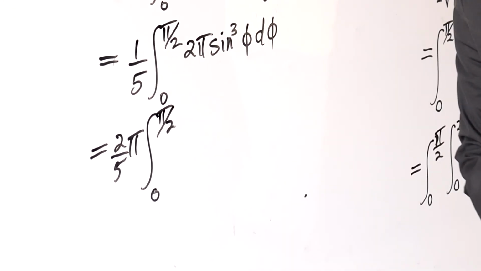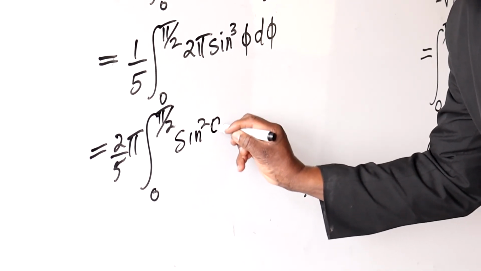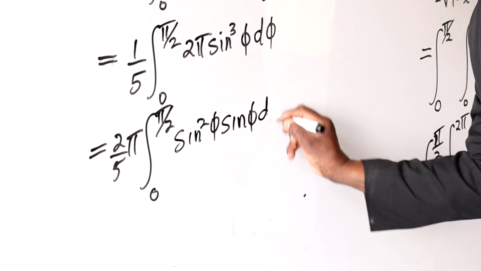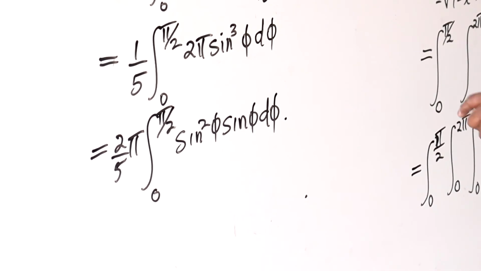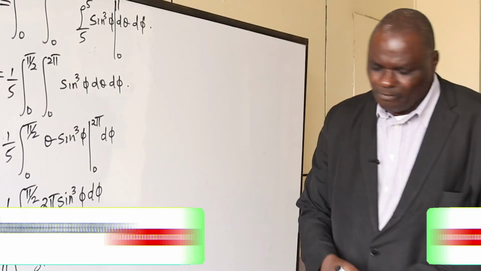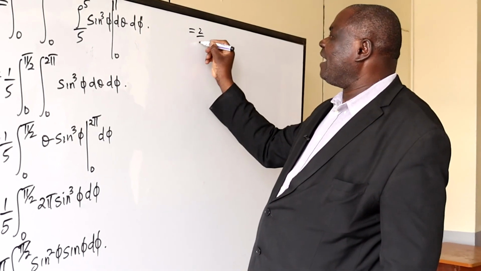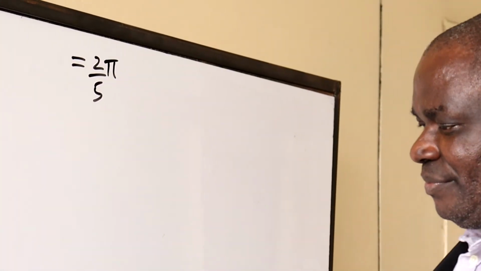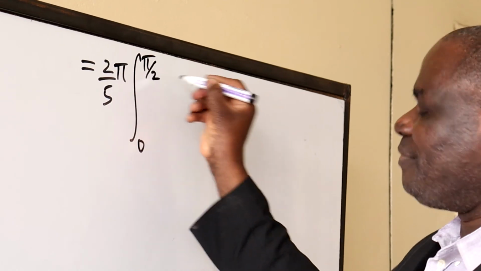Sine cubed can be written as sine squared phi multiplying sine phi d phi. So this will be equal to 2 all over 5 pi, the integral from 0 to pi over 2.